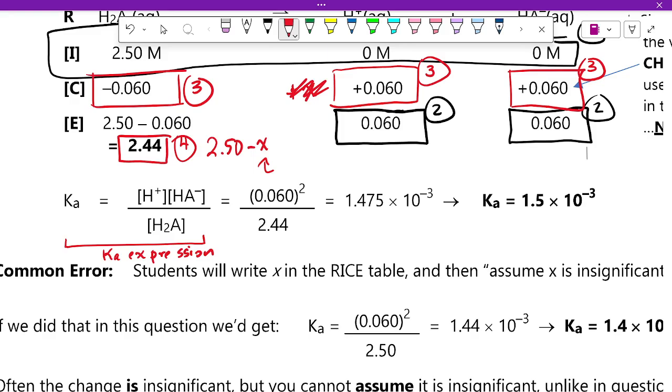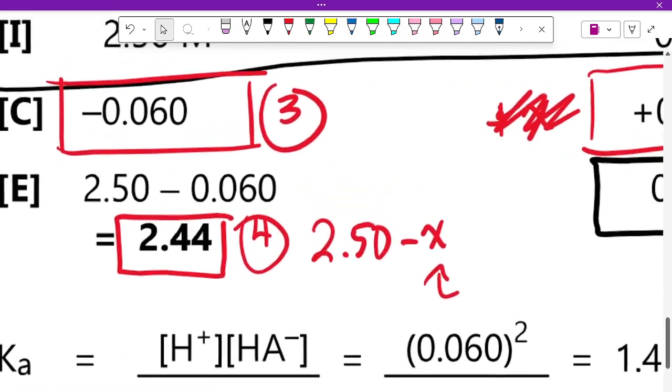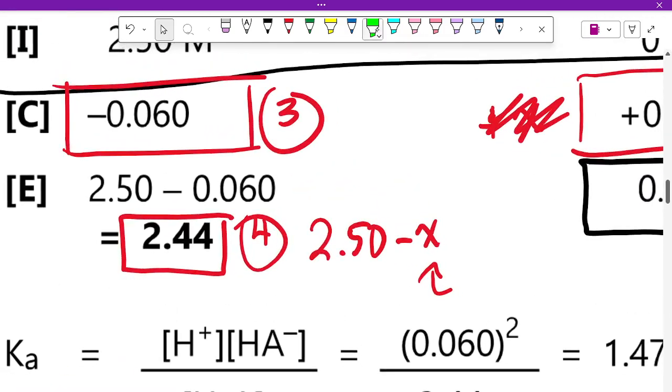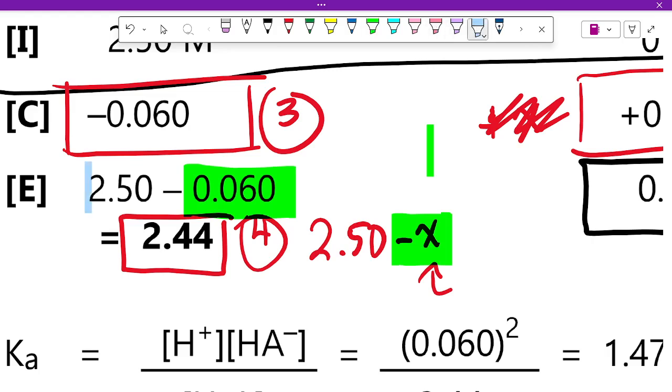Question: is the amount dissociated, which is X, which is 0.060, insignificant compared to your 2.50?